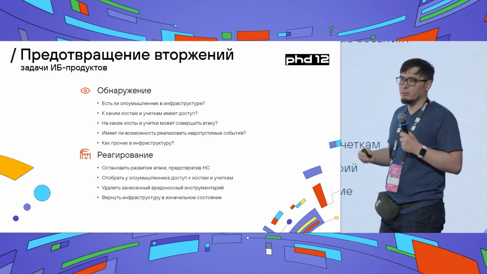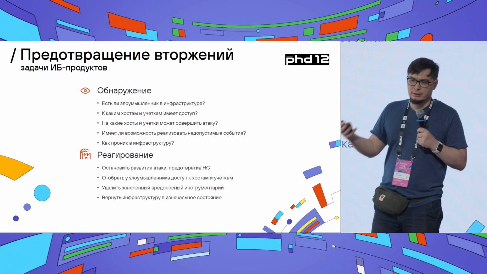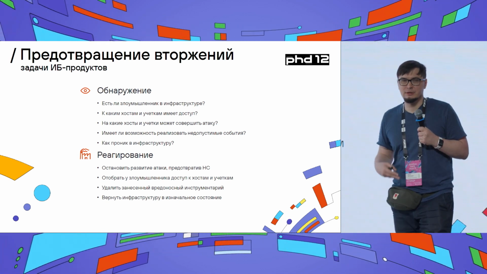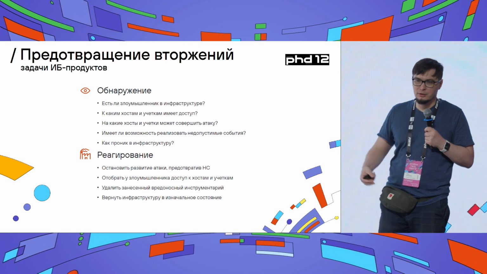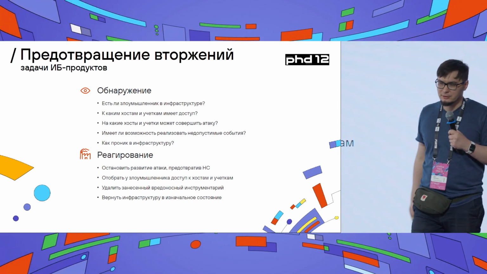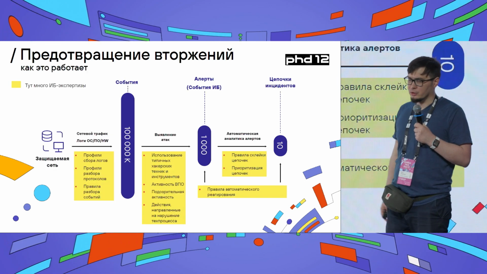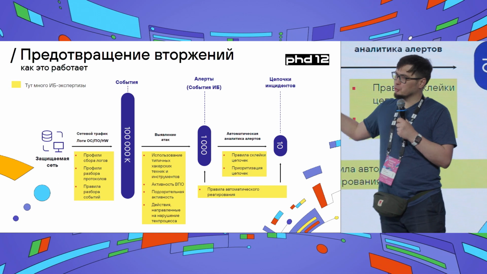And the second important process is response. When we see that the adversary is in the network, we need to stop them. And it's important that the response does not turn into a situation when, by stopping the adversary, you crash the process and create a bigger problem.